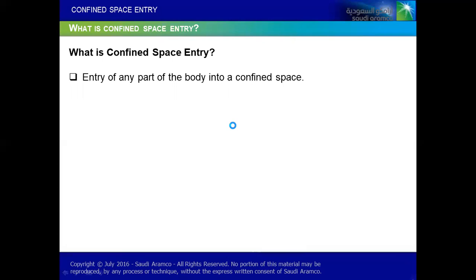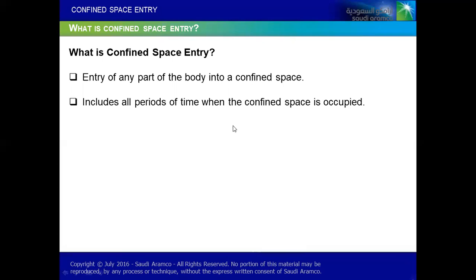Now, what is confined space entry? Since we have realized it's a kind of danger zone, what is confined space entry? It's not that the full body has to enter before we claim this is a confined space. Entry of any part of the body into a confined space would be considered an entry, and it includes all periods of time when the confined space is occupied.